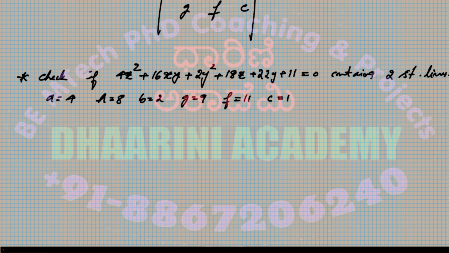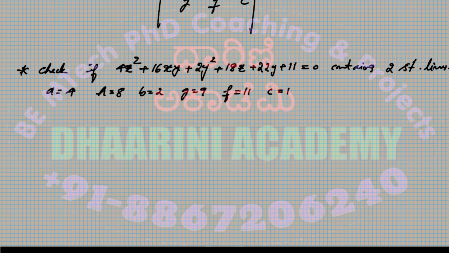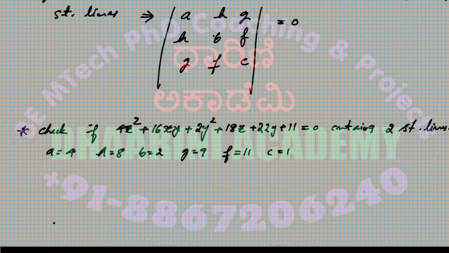So I have to find whether the following determinant gives you a 0. So a, that is 4, h, that is 8, g, which is 9; h, which is 8, b, which is 2, f, 11; g, 9, f, which is 11, and c, that is also 11.